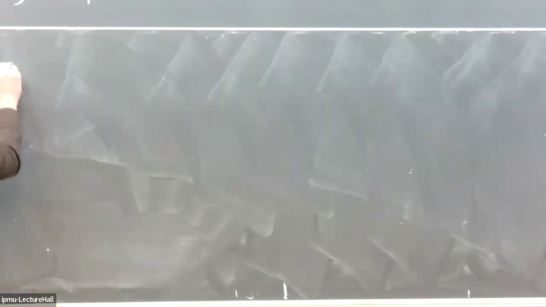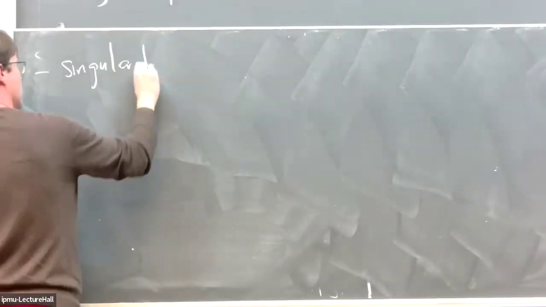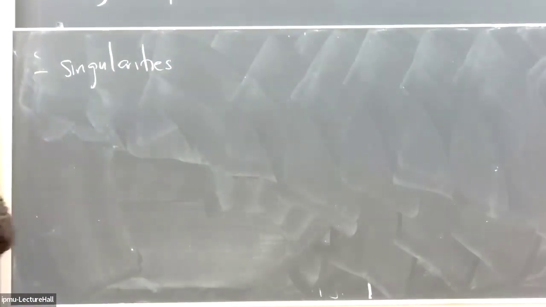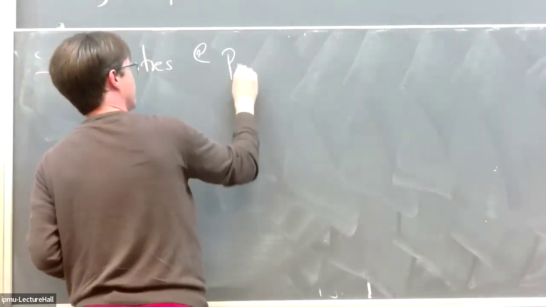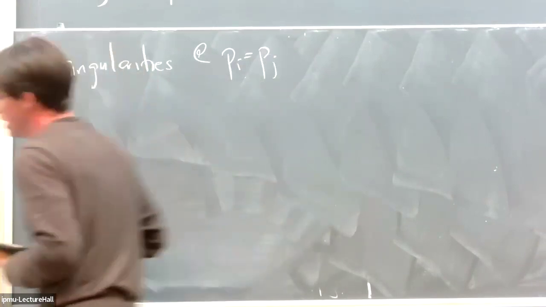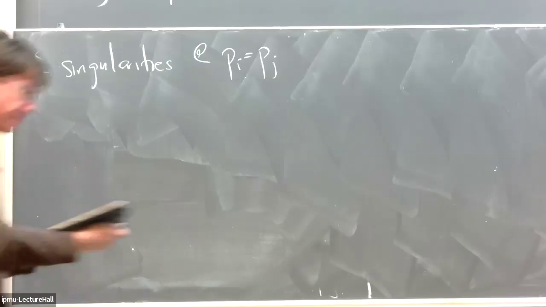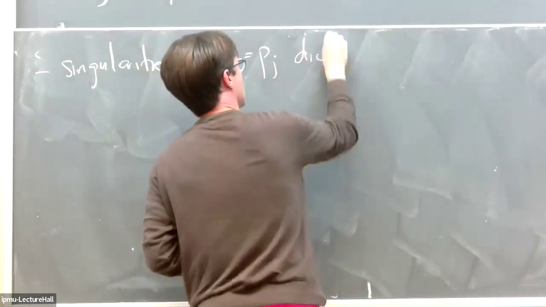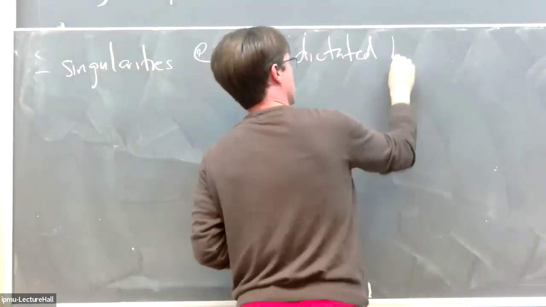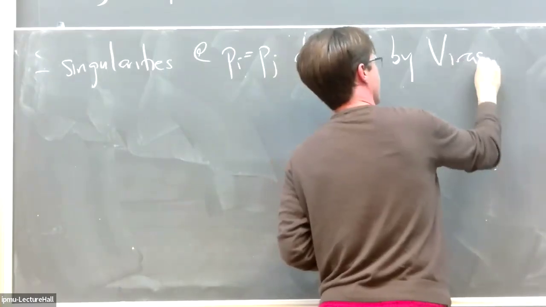And the singularities at p_i equals p_j are of some very controlled form. To be precise, we're going to have a fourth order pole when p_i approaches p_j with some specific shape, which is called the operator product expansion.